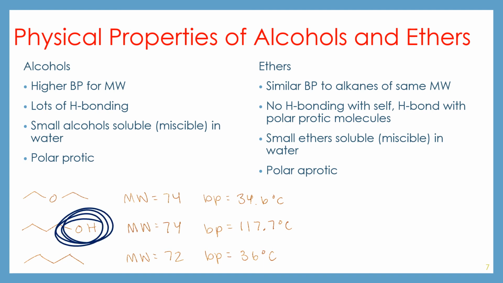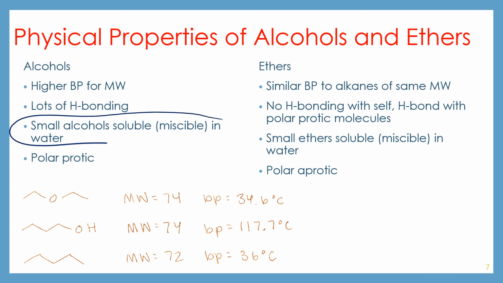And remember, hydrogen bonding is a really, really strong intermolecular force. So if you have hydrogen bonding, you're going to have a higher boiling point and a higher melting point. Remember that your smaller alcohols tend to be soluble or miscible in water, and they are polar protic solvents.